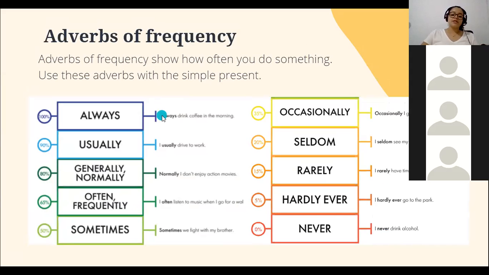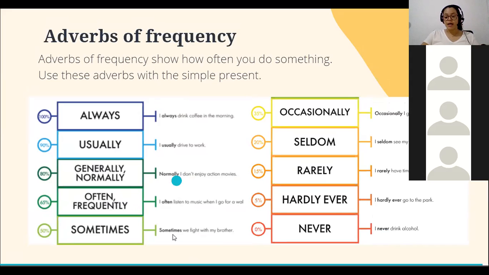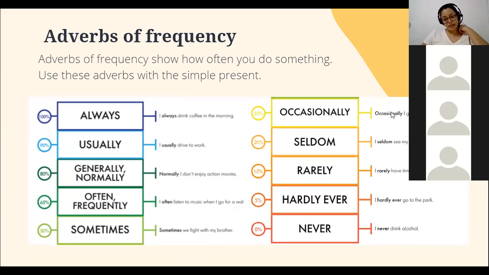Siempre van escritas luego del subject. Ahora, normally, sometimes, occasionally, pueden ser escritas antes del subject. Okay?